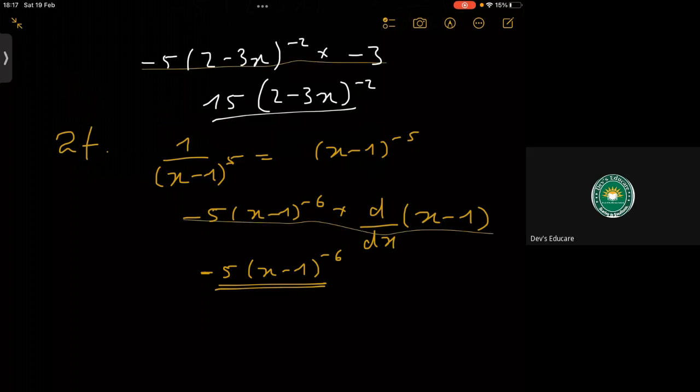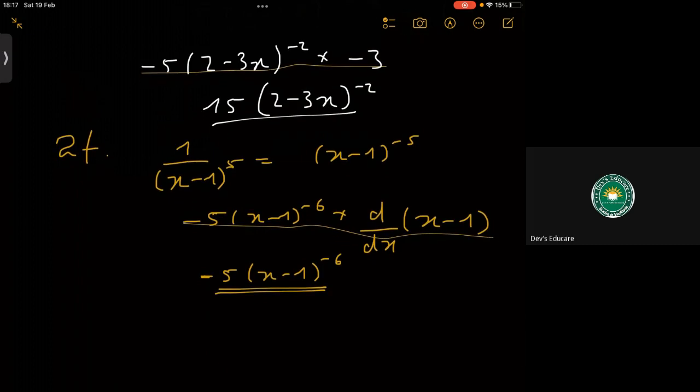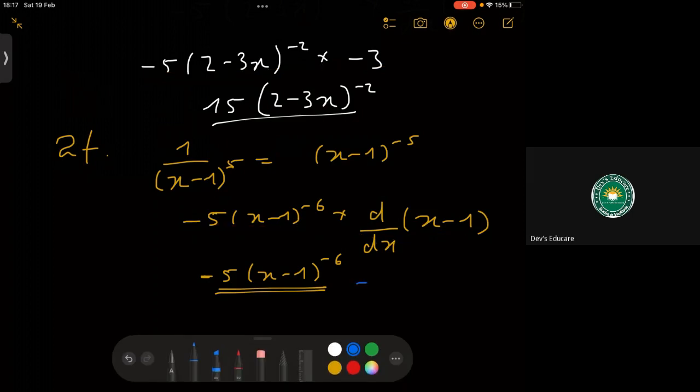Yes, it will be negative 5 divided by (x minus 1) to the power 6. That's it. Yeah, that will be the answer.